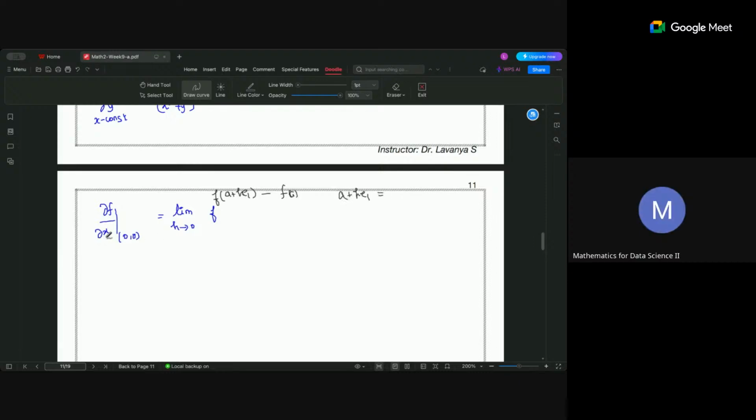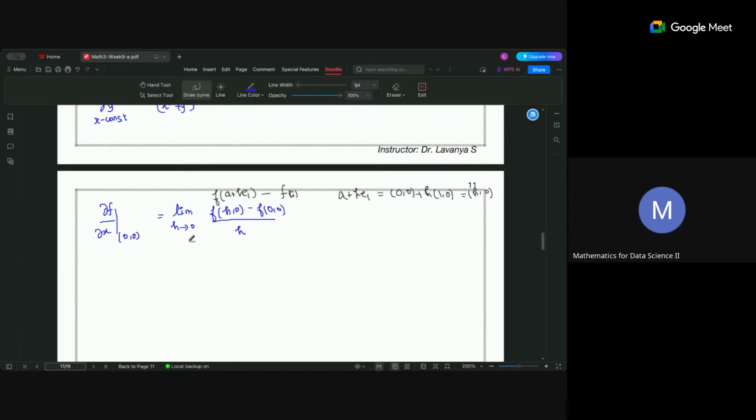Because it is with respect to x. So a plus h e1 is (0, 0) plus h times (1, 0), which is (h, 0).